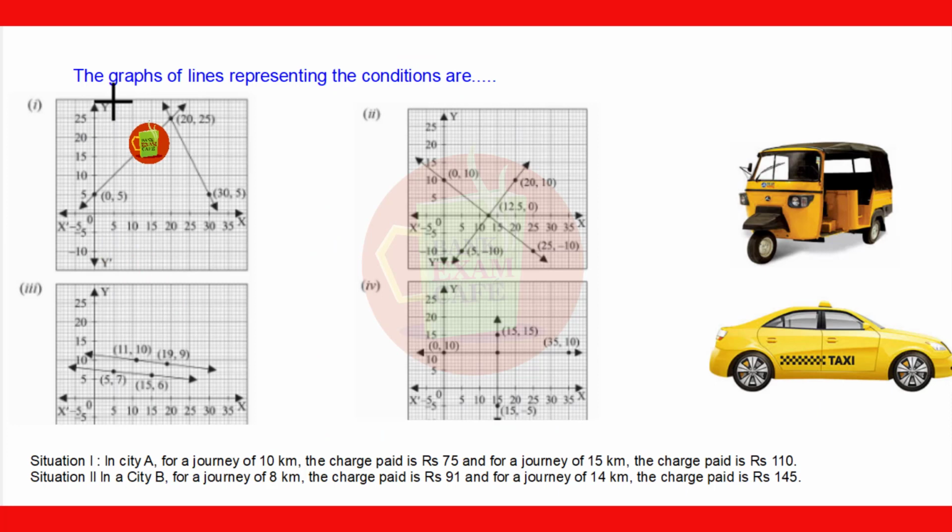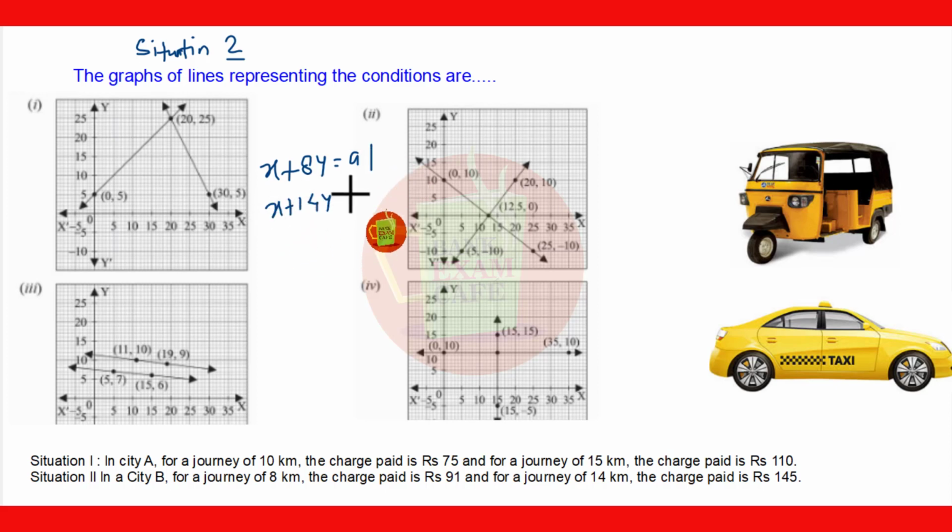Now here the next question, as per situation 2 only, you have to refer to situation 2 and say which graph of the lines represents the coordinates. We have got two equations, that is x plus 8y equal to 91, and the second equation, x plus 14y equal to 145, and you have to show out of these four which one is the graph of these two equations.